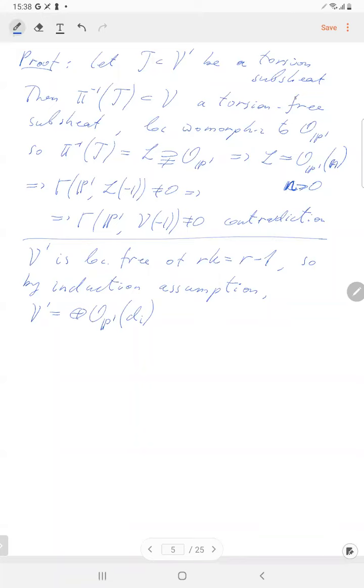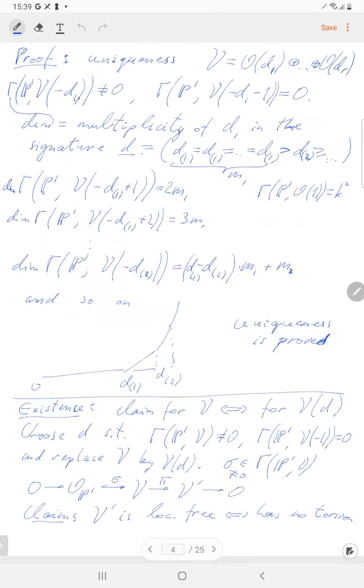So suppose we have a non-zero torsion subsheaf T, then its preimage is a torsion-free subsheaf of rank 1, right? The invertible torsion-free subsheaf. And if this T was not 0, then this torsion-free subsheaf L strictly contains the structure sheaf OP1, because this OP1 was the kernel of pi.